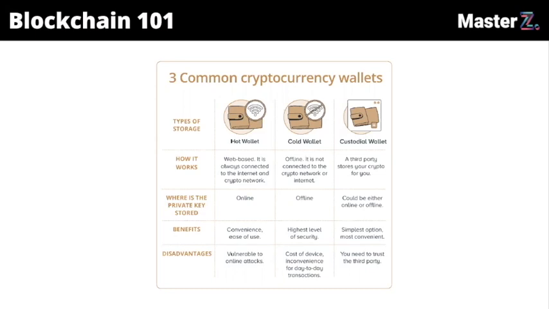Custodial wallets are third parties that store your crypto for you. For example, Binance. I think everyone heard about Binance. It's one of the most popular. It's the most popular exchange in the world. With a custodial wallet, you have an intermediary, let's say, that stores your crypto.